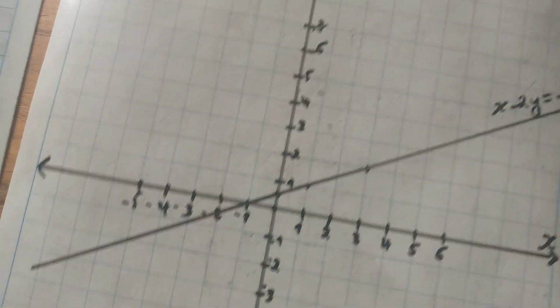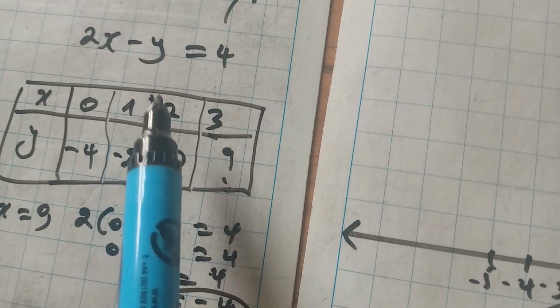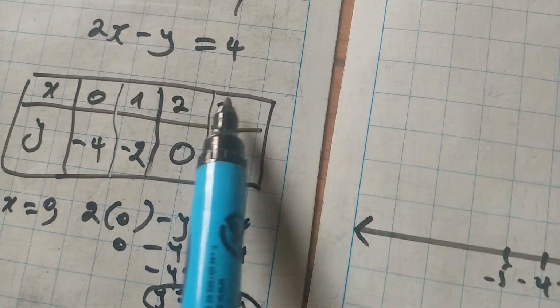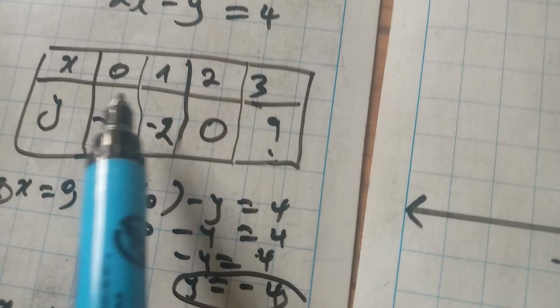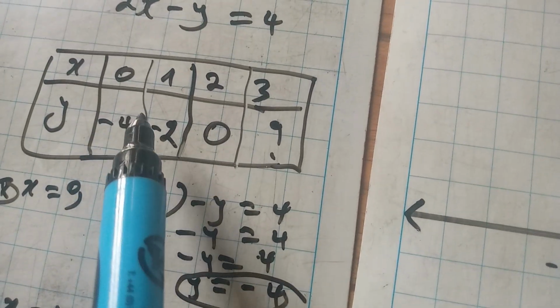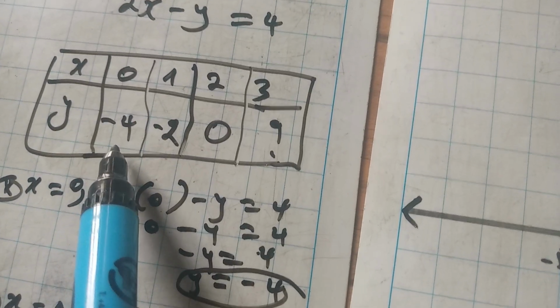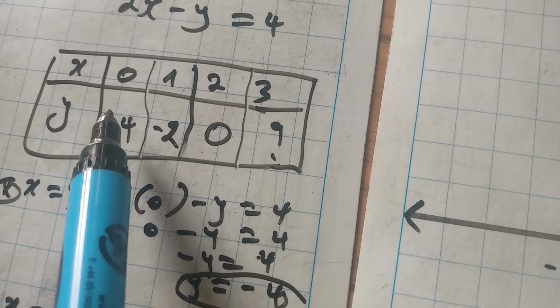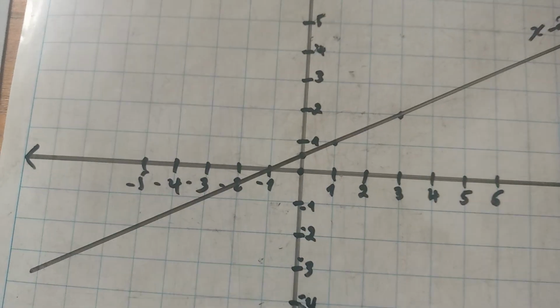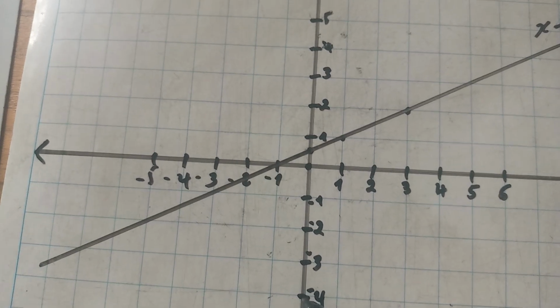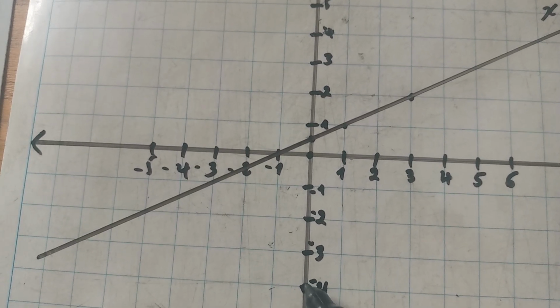And we need to draw also the line for the equation 2x minus y, which is equal to 4. So we have different points that we need to plot in the graph. Point number 1 is 0 and -4. We have 0 on x, and we have -4 here on y.